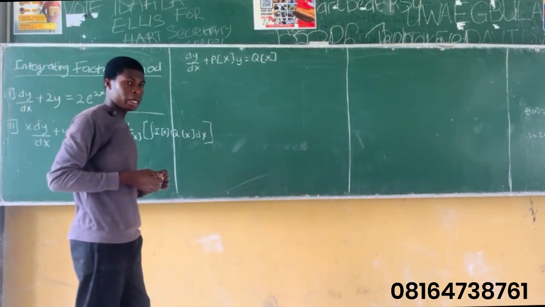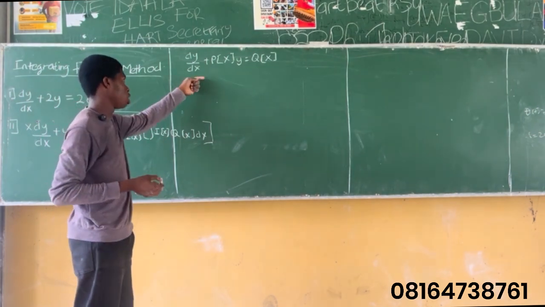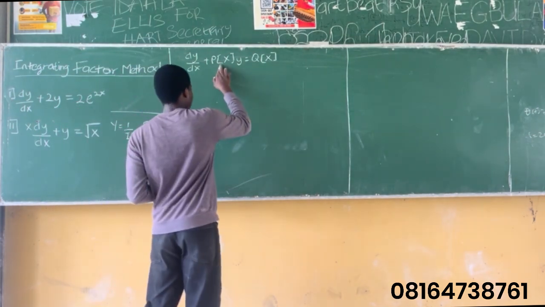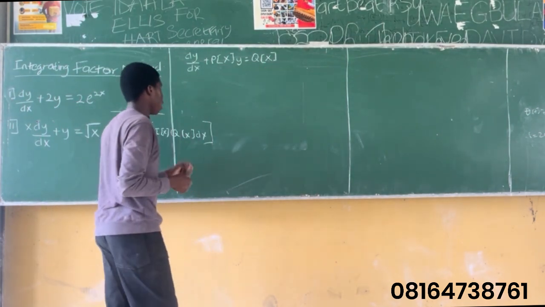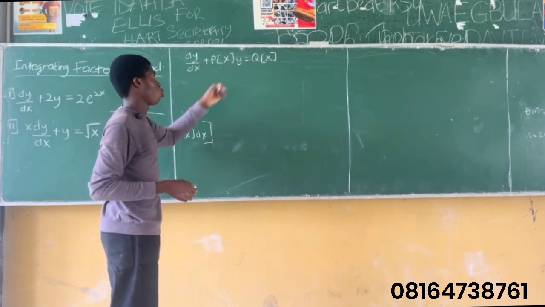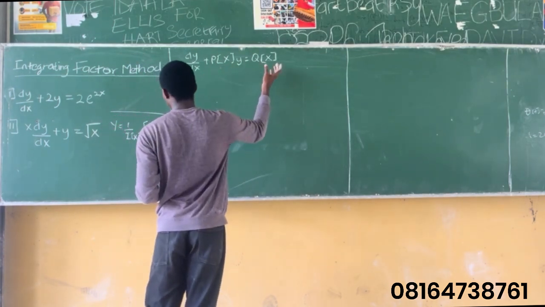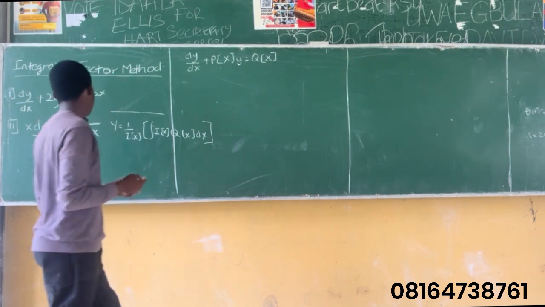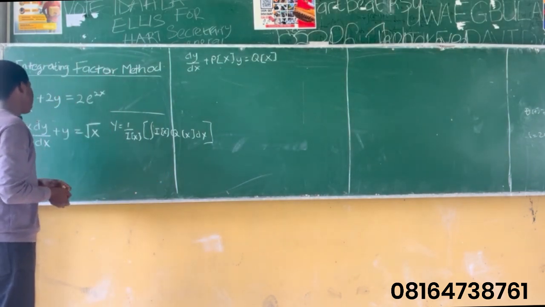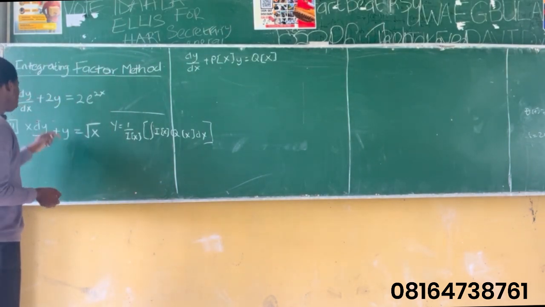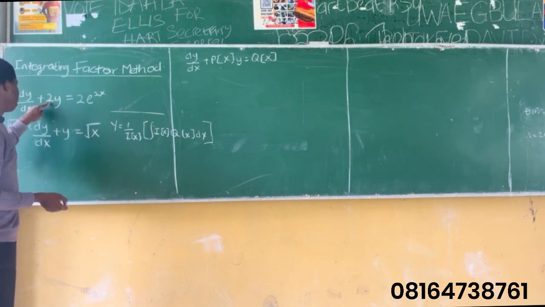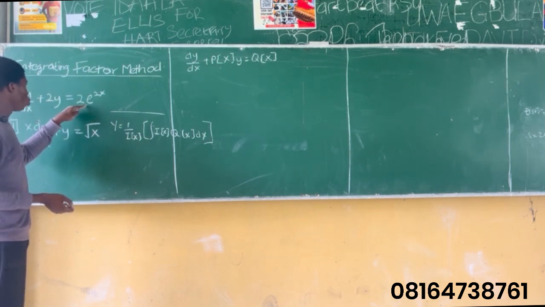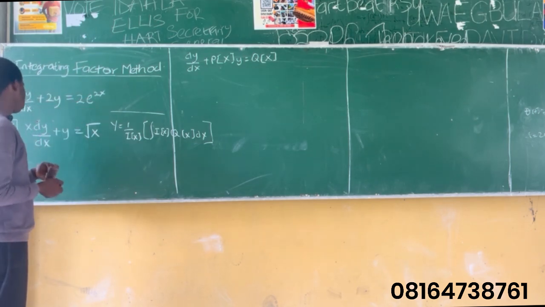Once you compare it to the standard equation, you will get out the value of p(x) and q(x), whereby p(x) is the coefficient of y and q(x) is the value on the right hand side. So now from these two equations, let's identify the values of p(x) and q(x). So this 2 is the value of p(x) and 2e raised to the power 2x is the value of q(x).